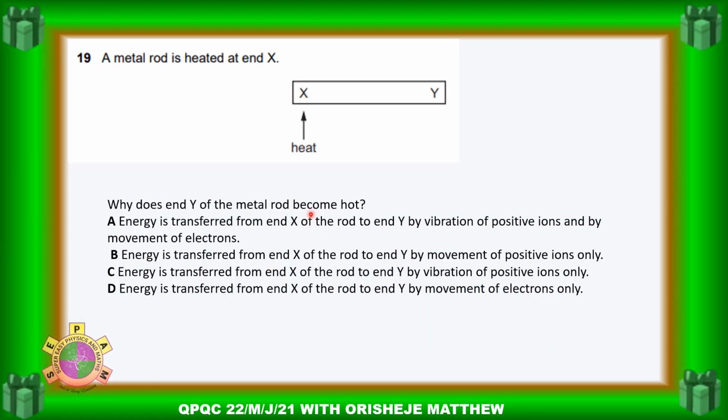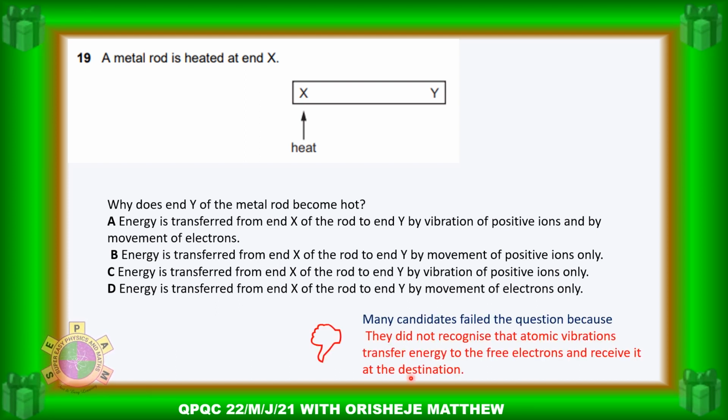Wow, this question appears simple, but most students don't actually understand the molecular explanation of conduction. Many students fail this question. They did not recognize that atomic vibration transfers energy to the free electrons and receives it at the destination. So when you heat the end of this rod, X, what's going to happen?